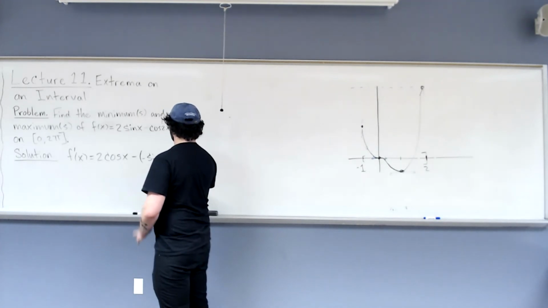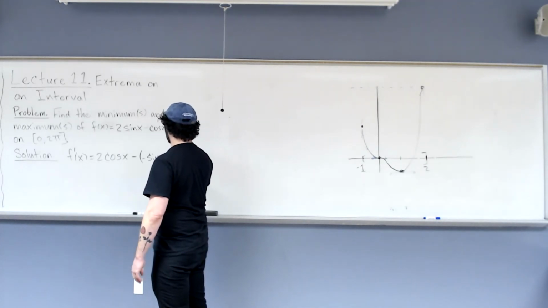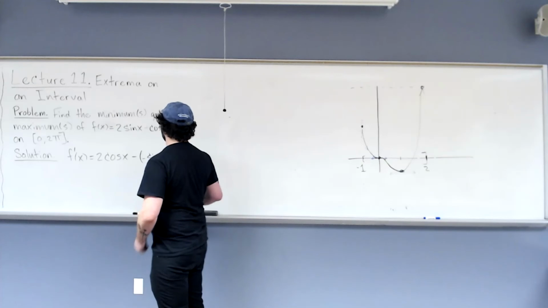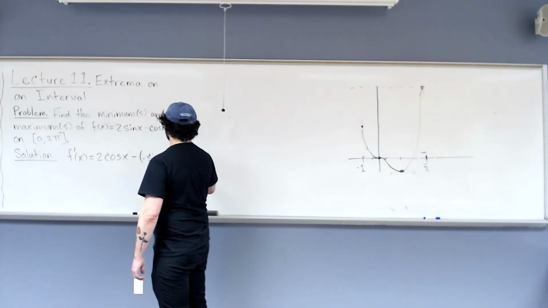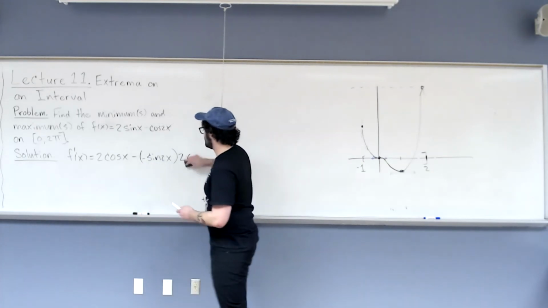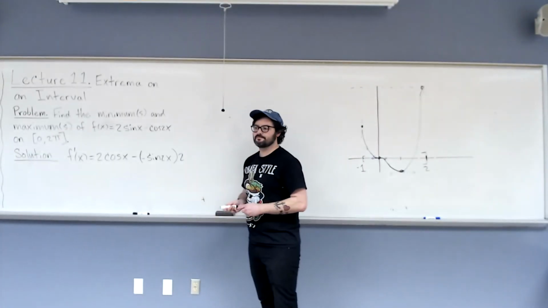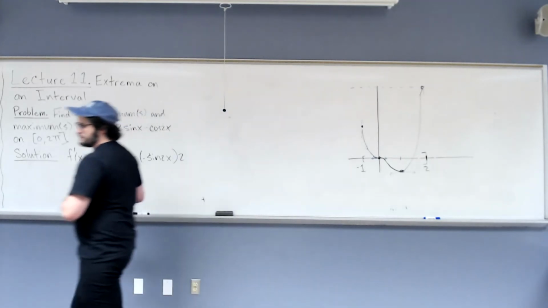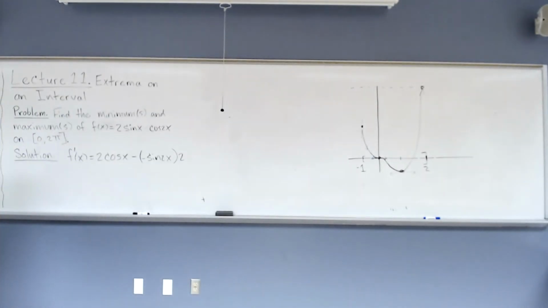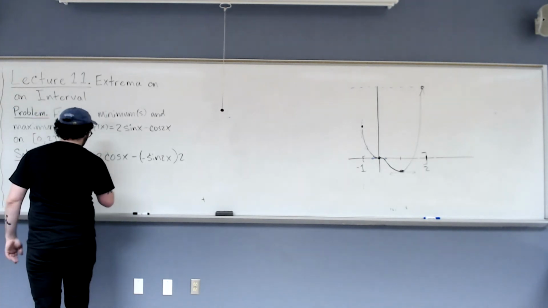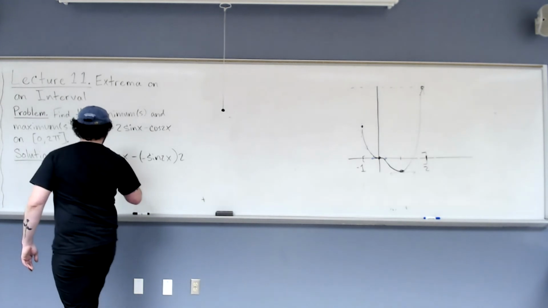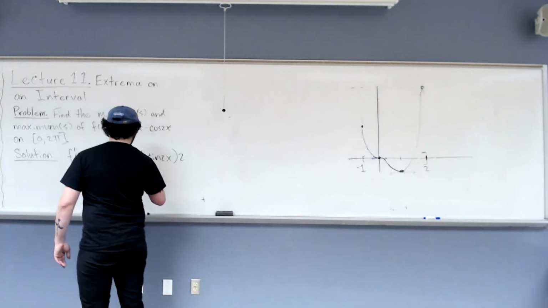Oh, sorry, I put a 2 there. Okay, so negatives go to positive, right? And they have a 2 out there. 2 cosine x plus 2 sine of 2x.